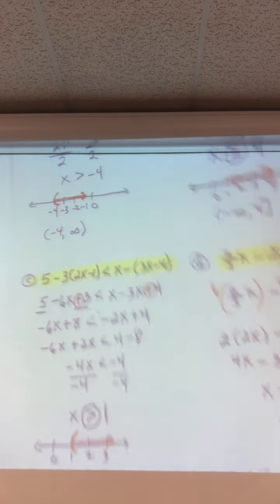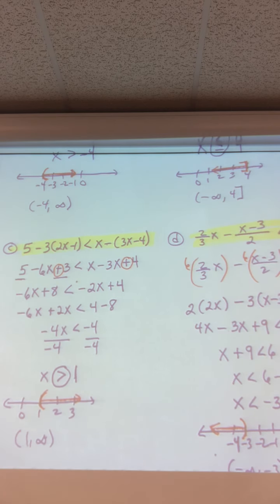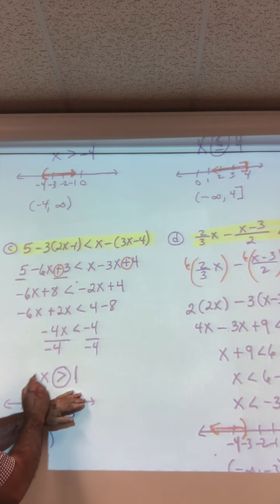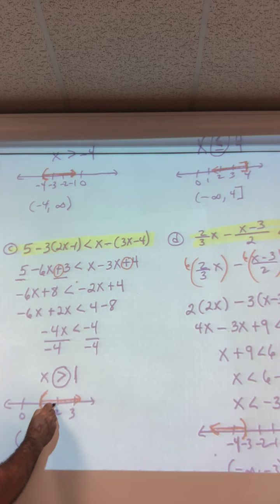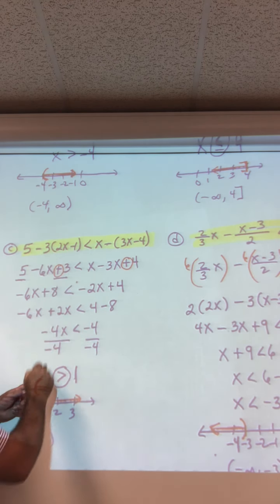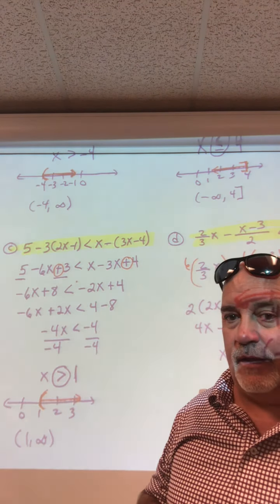Don't copy this down because we're going to do this problem in a minute. But if you'll look at this problem, look starting right here. Now look right here. What we did was we started right here and we did the graph and the interval. So I need to teach you how to go from here to here. That's what we call solving the inequality.